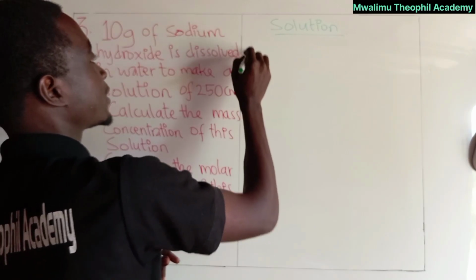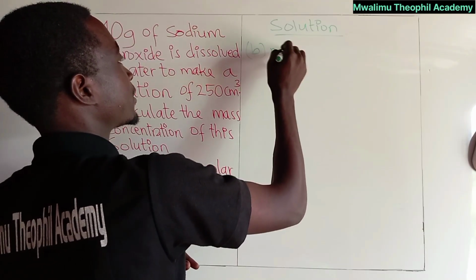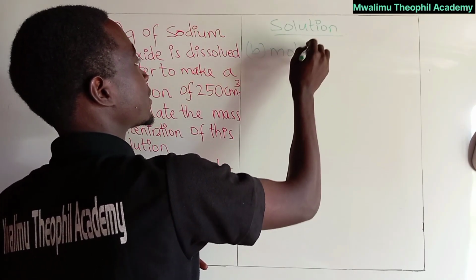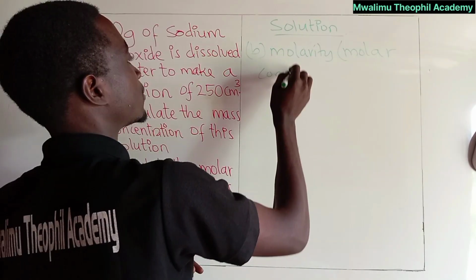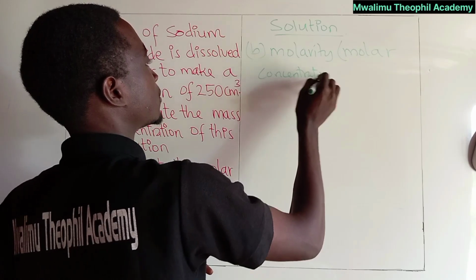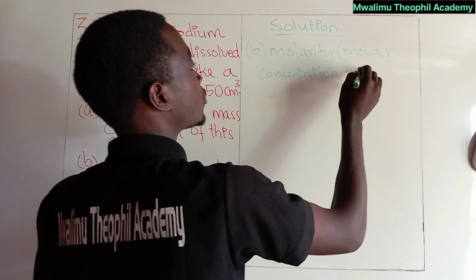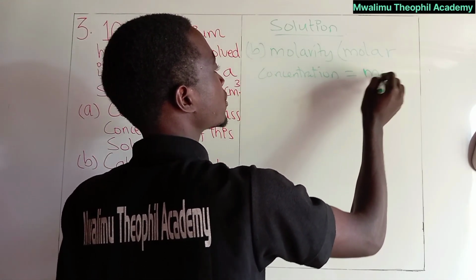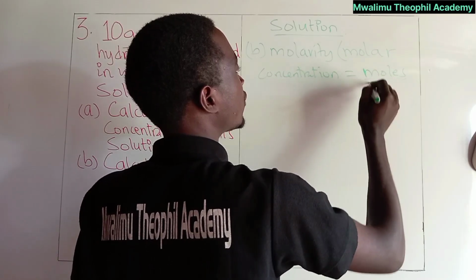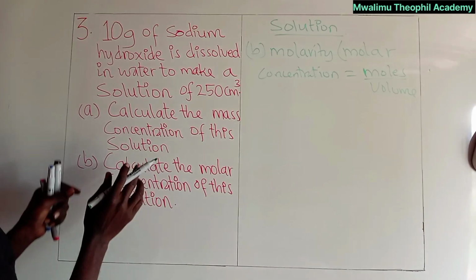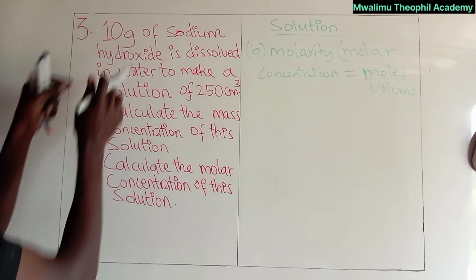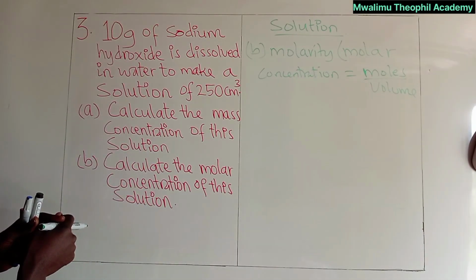As we've said, molarity, which is the same as molar concentration, is equal to number of moles over volume. Now, how many moles are we given of sodium hydroxide?